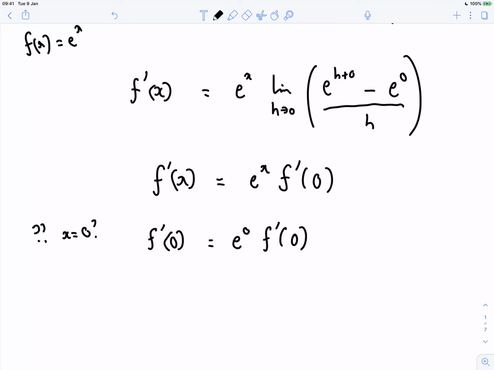Now there's lots of other arguments to be had, and this will be made more clear when we look at the Taylor series and Maclaurin series of e to the x. But what we've got really is that e to the x has to differentiate to itself.